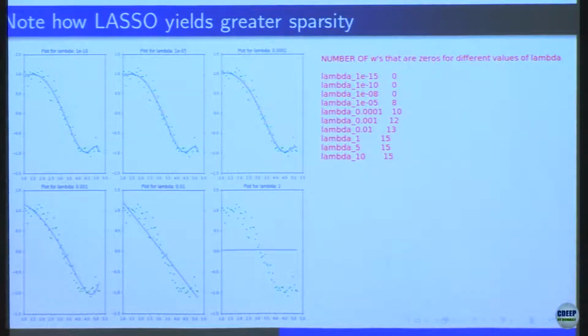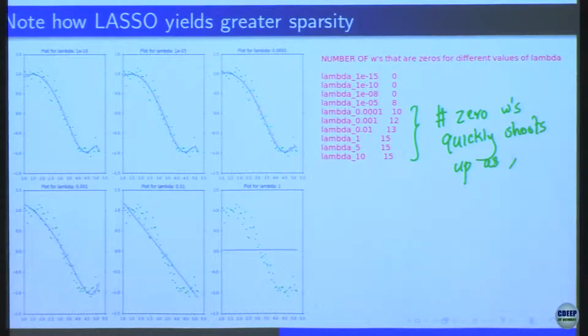So as you can see, very quickly several w's turn out to be zeros as lambda increases.